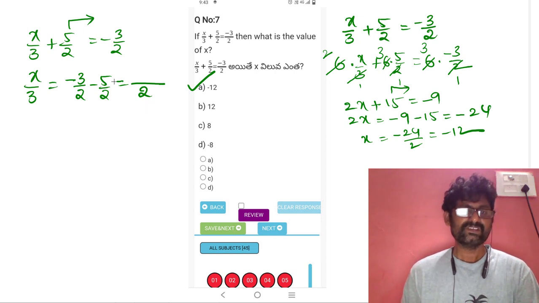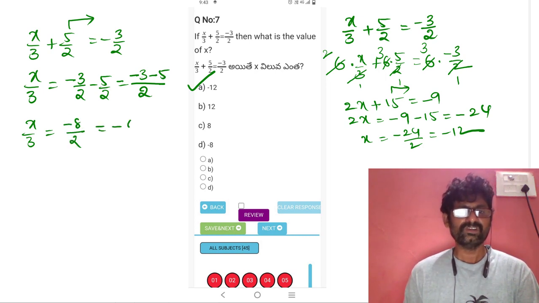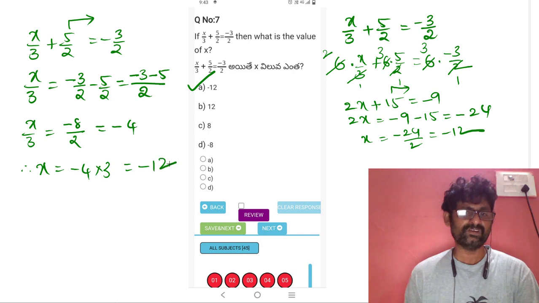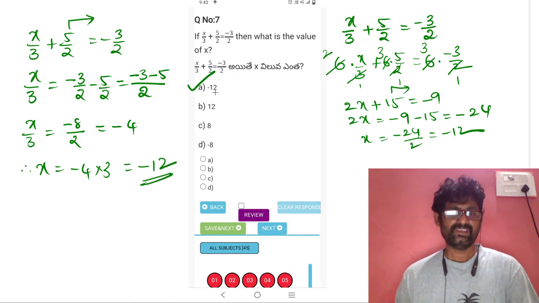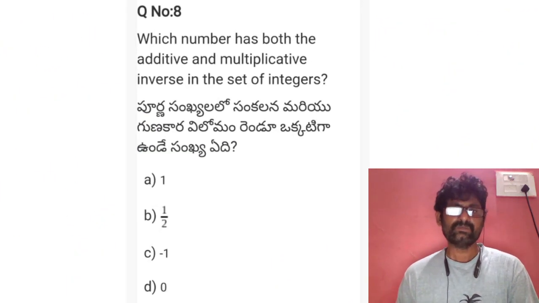Then in the numerator we will get negative 3 minus 5. So x by 3 equal to minus 8 by 2, which is equal to negative 4. Therefore x equal to negative 4 times 3, which is equal to negative 12. So answer is A. Next, eighth problem.